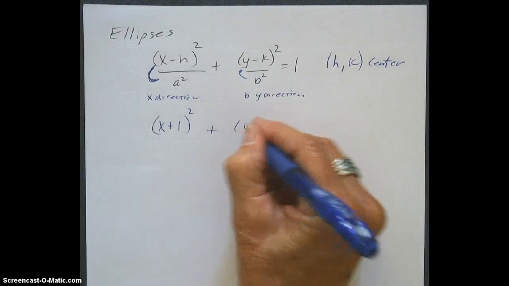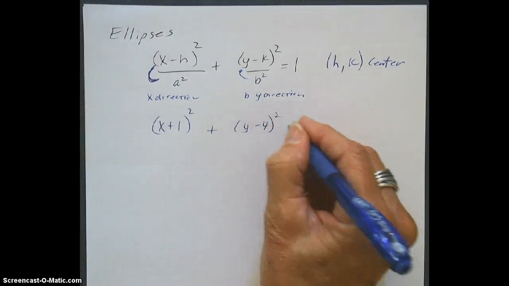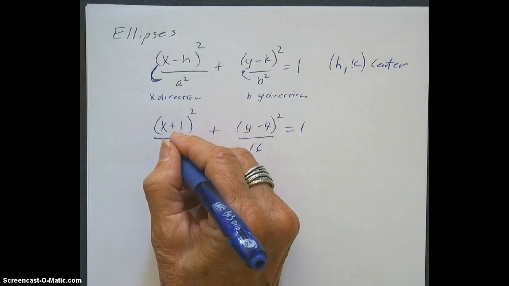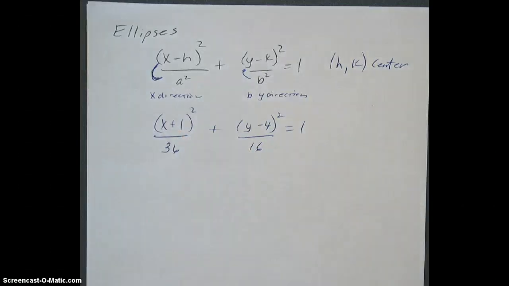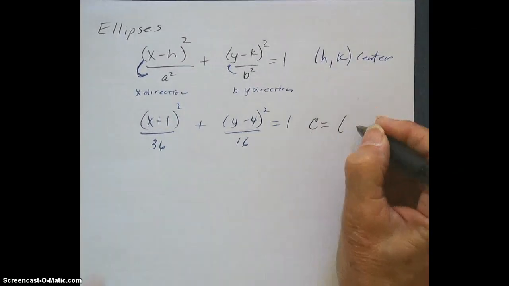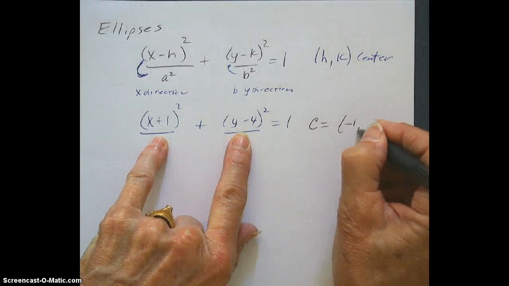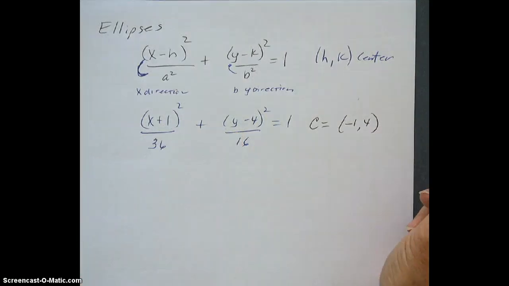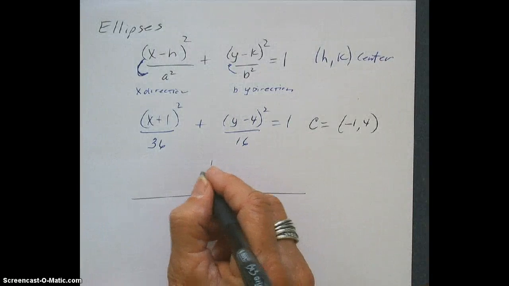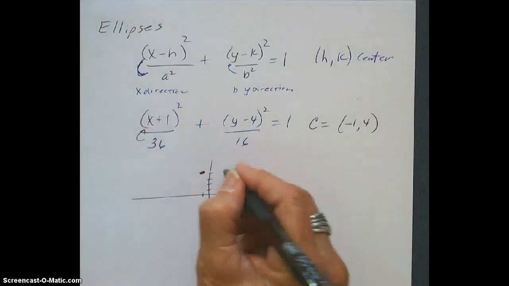So if it comes to you in standard form, and we'll have perfect squares usually under these. So when we graph, we'll have to identify the center. The center in this case, again, remember we'll go opposites. And we'll graph our center. We'll go in the x direction 6.